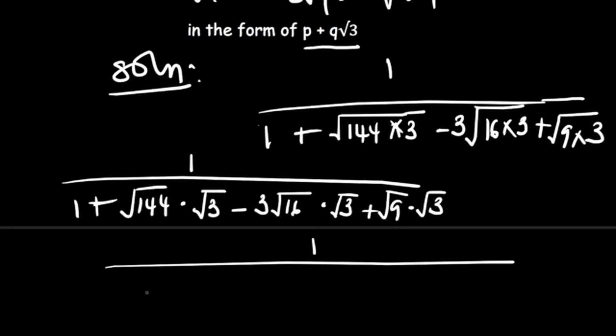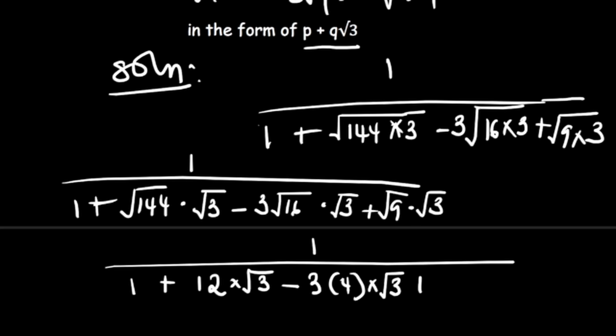Having split them apart, down here we have 1 plus the square root of 144 is 12, so this now becomes 12 times the root of 3, then minus the square root of 16 is 4, so we now have 3 multiplied by 4 times root 3, then plus the square root of 9, which is 3, multiplying root 3.